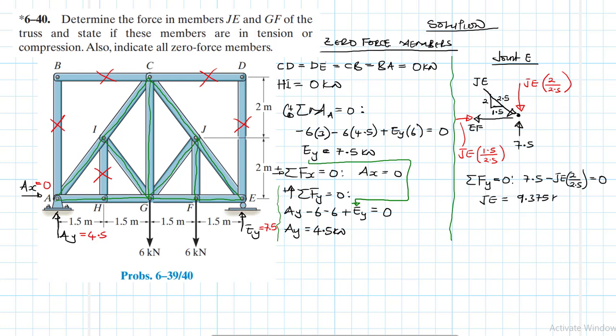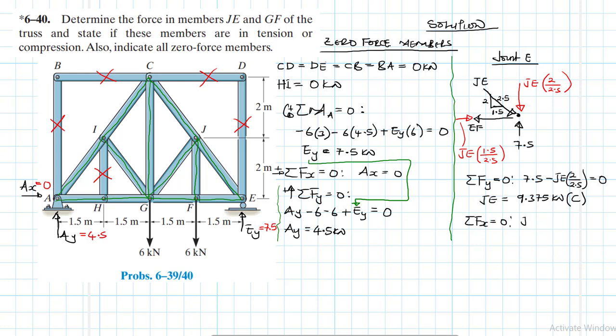All right, so we have 9.375. Okay, and we had assumed JE to be in compression, and so it is. Right, so then let's find the other one. Summation of forces in the x direction equal to 0. What do we have?